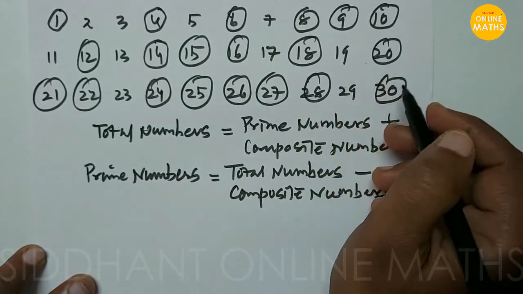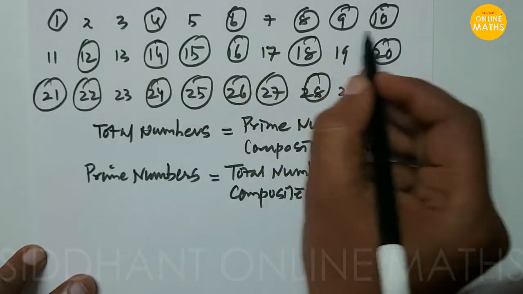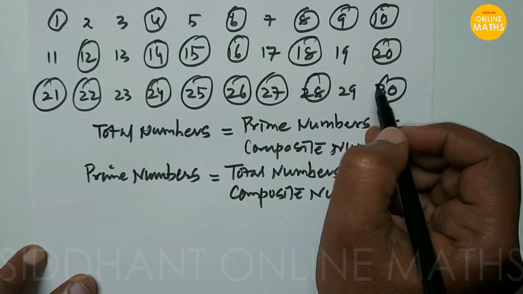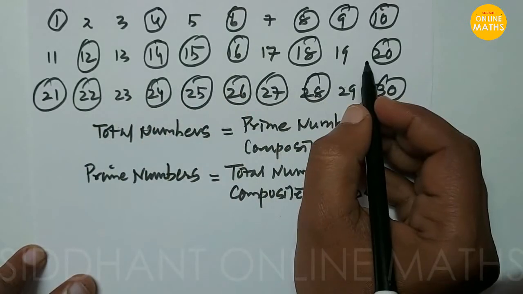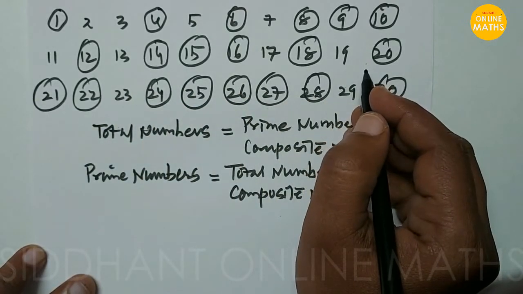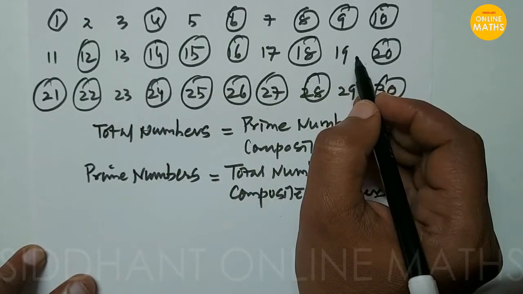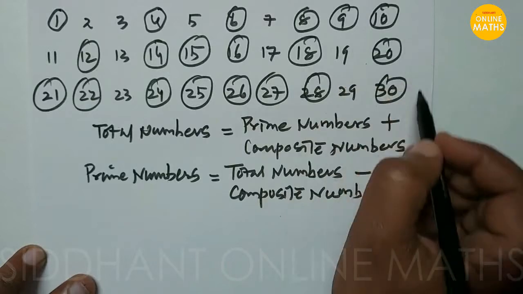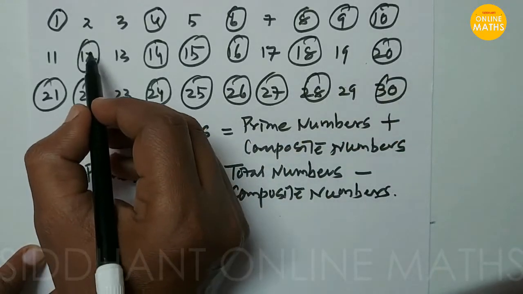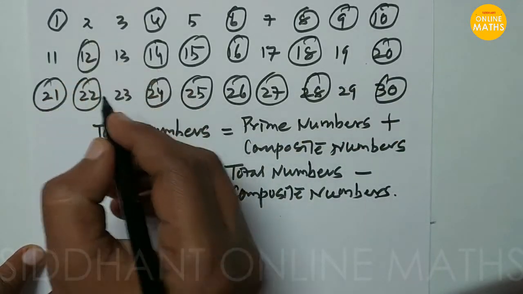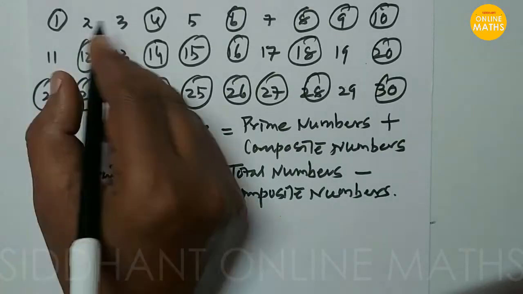So we covered all the single digit number multiples, and we are going to find out what are the numbers which are remaining, and these numbers are the prime numbers in the given total numbers. What numbers do we see in the first row here?